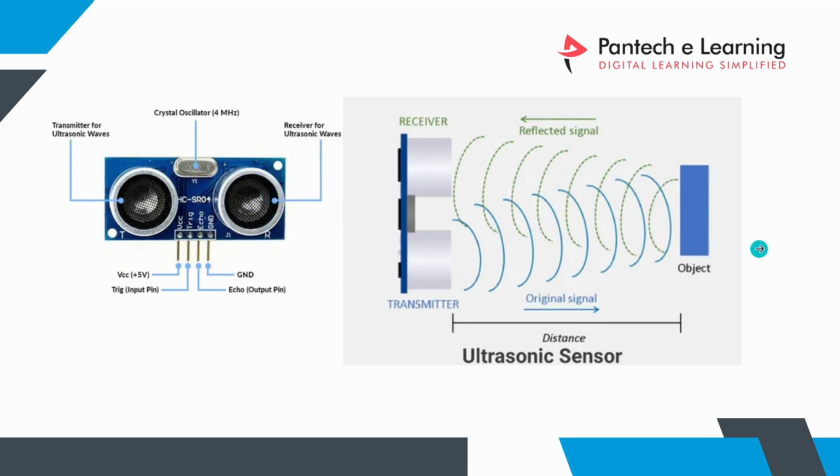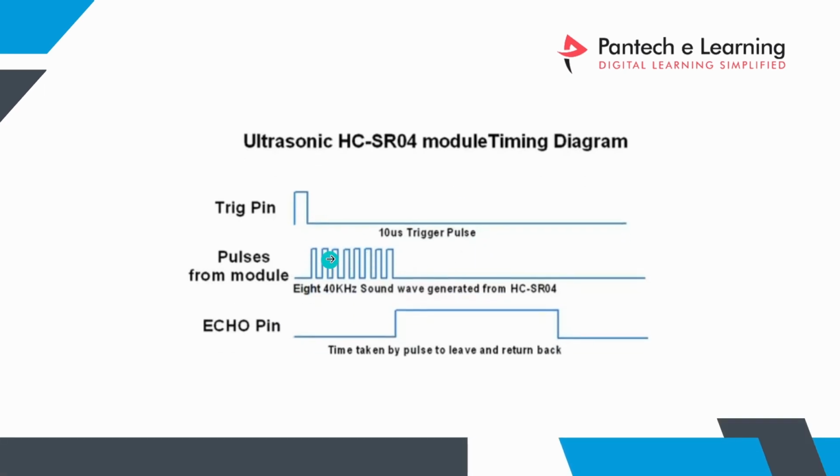Now I will show you in detail. We will give a trigger pulse, say a 10 microsecond trigger pulse. After giving this, the transmitter module is going to send a 40 kilohertz sound wave.